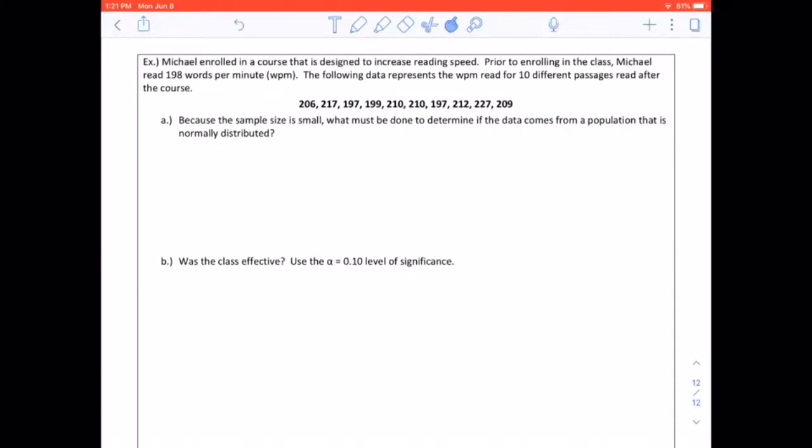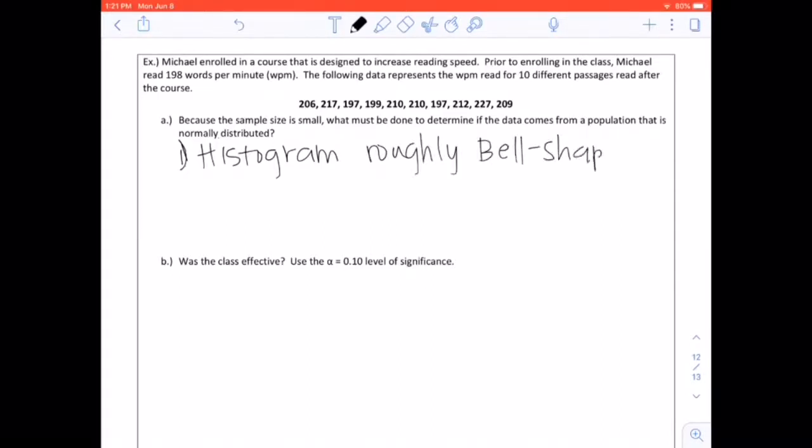So this was discussed in chapter 6. And so there's 3 things that we need to check. First thing would be that our histogram is roughly bell-shaped. The next thing that we had to check was that we had at most 1 outlier.